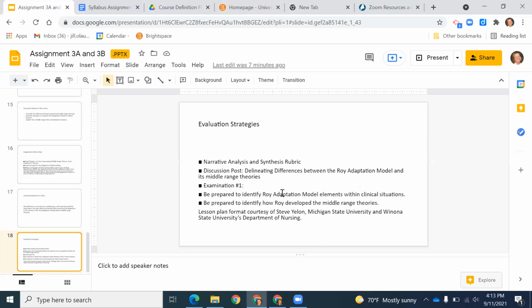Be prepared to identify Roy adaptation model elements within clinical situations, and be prepared to identify how Roy developed the middle range theories. So this lesson plan came from Billings and Halstead, but it is adapted from Steve Yellen at Michigan State University.